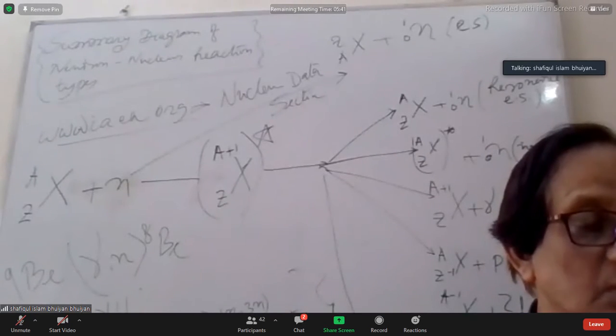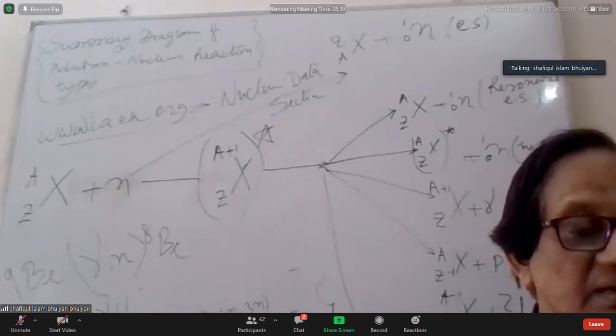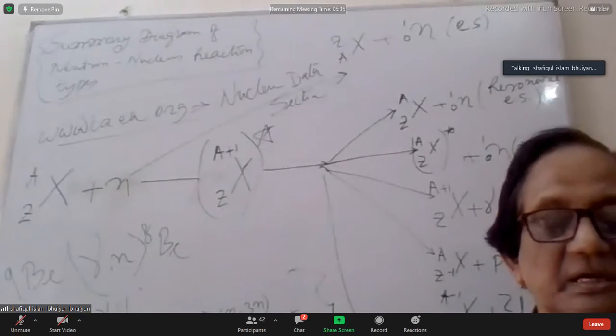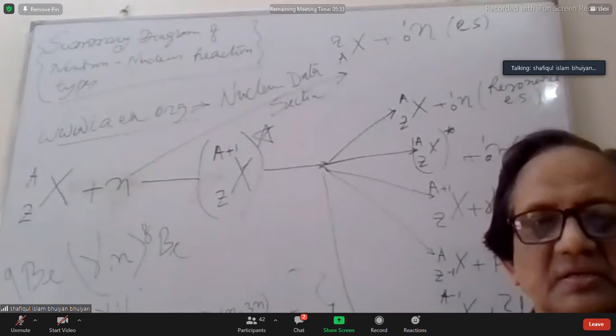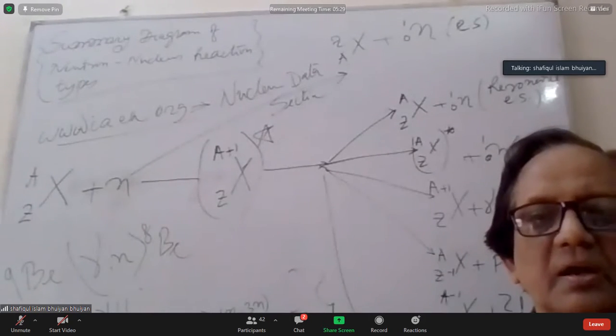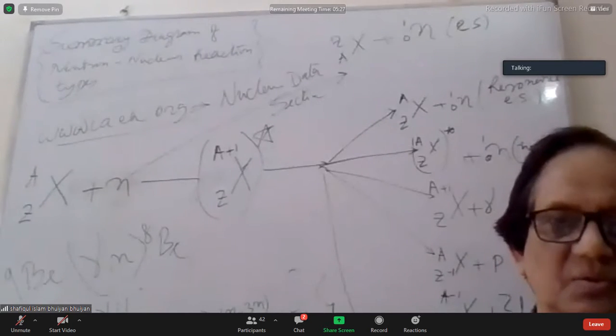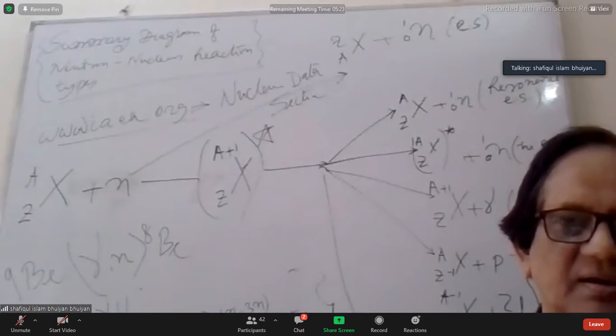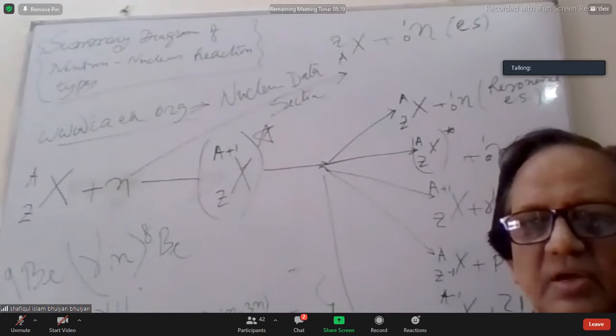This amount of data is so large that it must be presented in a computer readable form. We cannot do it just by exchanging. It should be in a computer readable format. We call it X4, EXFOR, exchange format.